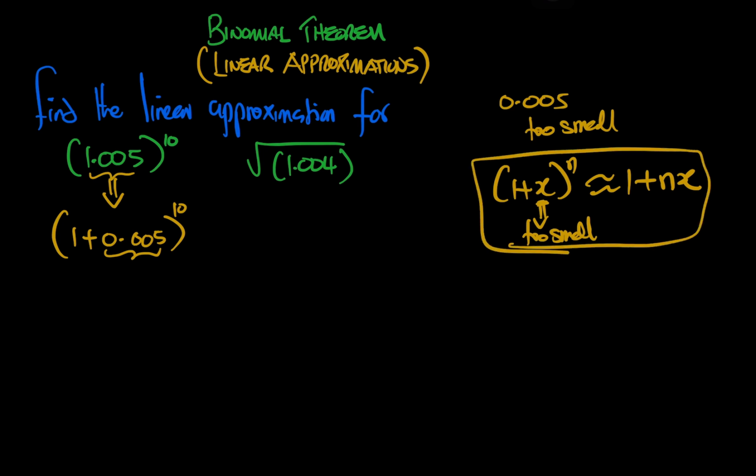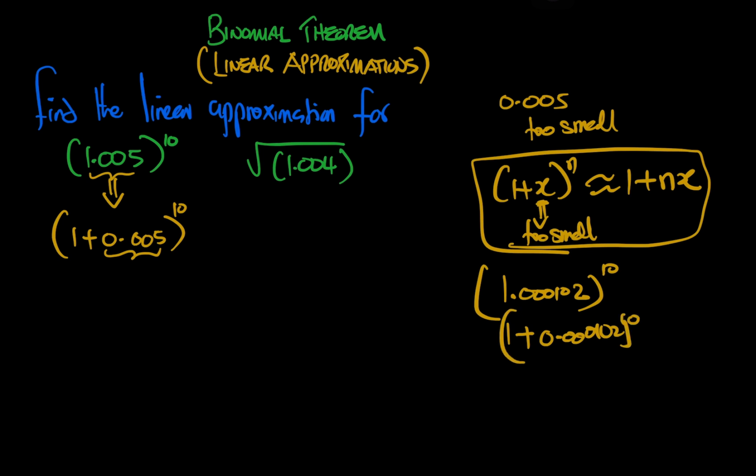So when, let's say you have 1.000102 to the power of 10, and we want the binomial approximation for that, we can say this is the same as 1 plus 0.000102 to the power of 10.